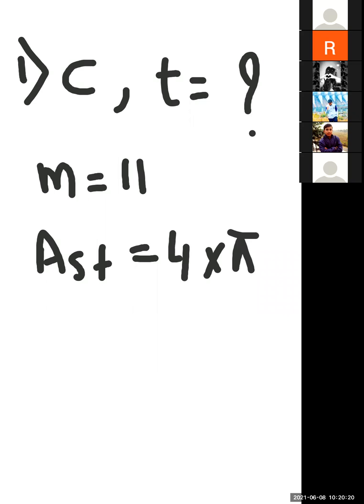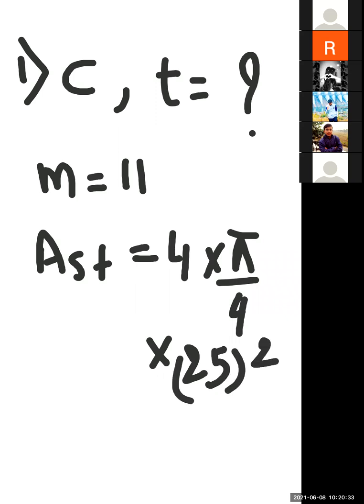How do we find AST then? 4 into area of 1 bar, pi by 4 into 25 mm square. Right?